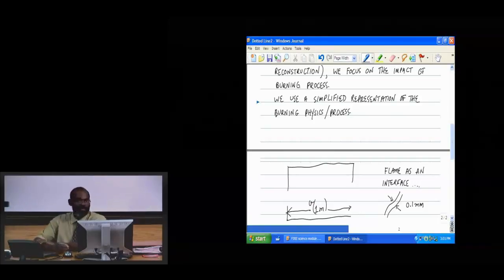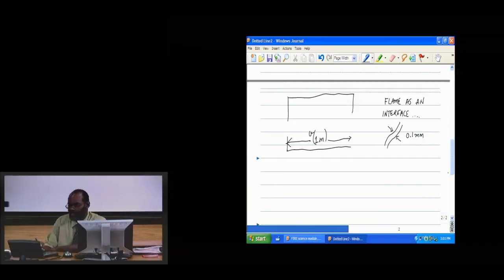So you see that we're talking about a 10 to the 4 length scale ratio between the size of a room and the size of this flame. So the flame, which is this fundamental component, is 10 to the 4 times smaller than the characteristic dimension of a room.